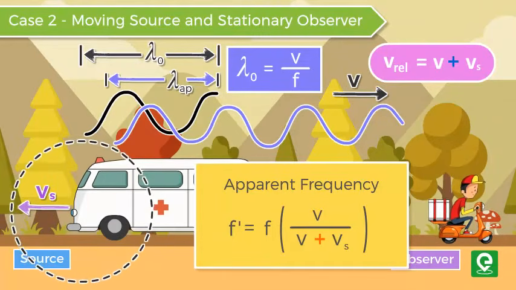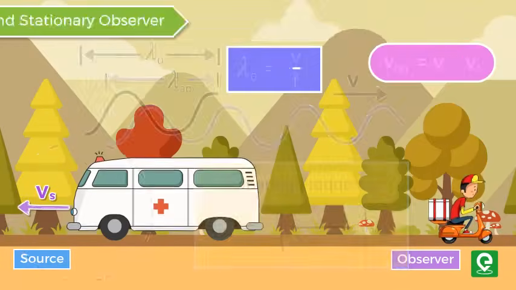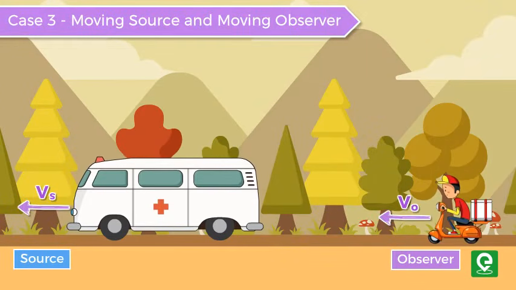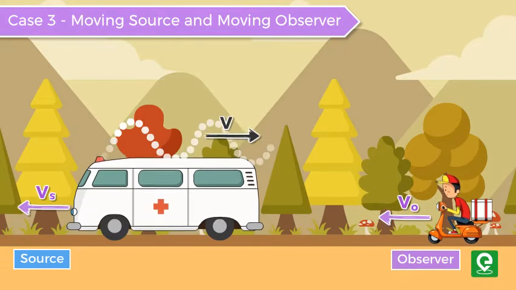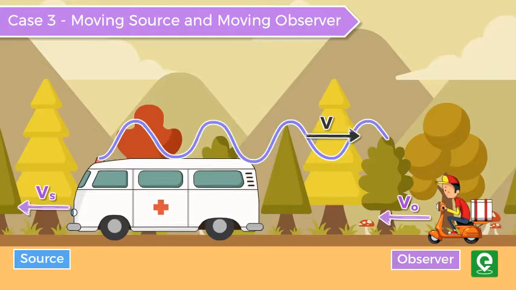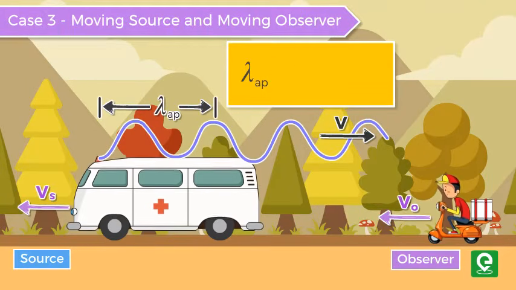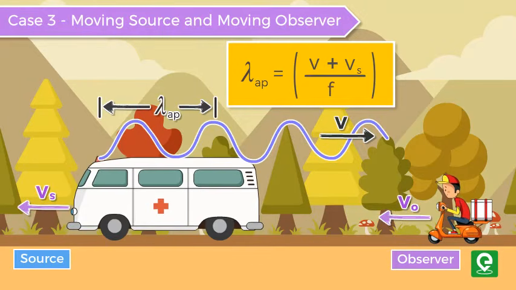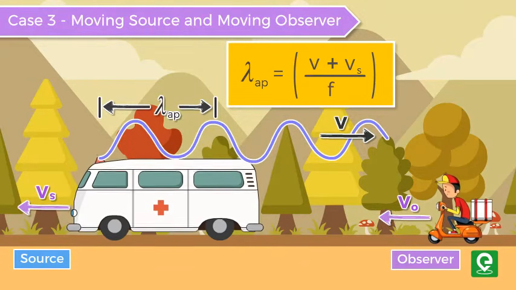Case 3. Moving source and moving observer. In this case, if both the source and the observer are moving in the same direction with velocity vs and v naught respectively, the sound wave produced by the source has frequency f and the apparent wavelength is equal to (v plus vs) whole divided by f, where v is the velocity of sound.